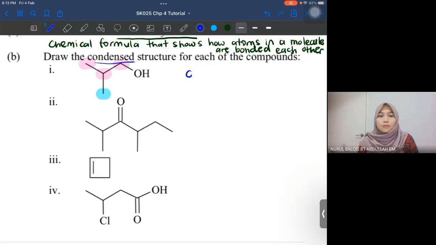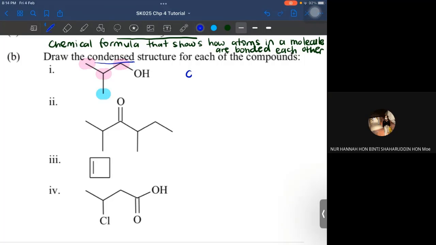Bila condense tak boleh tunjuk bond antara siapa? Okay. Kalau dalam condensed structure, kita tak tunjuk apa? The CC single bonds. And CH bond.